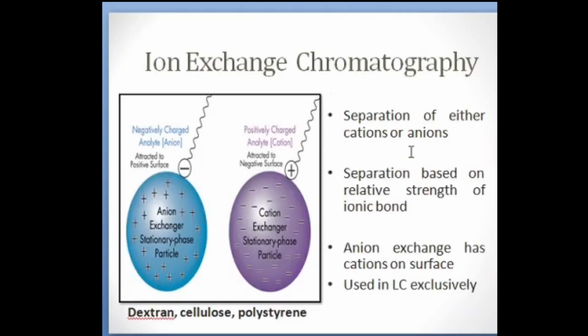So this ion exchange chromatography is based on the relative strength of ionic bond, and so we can separate the cations or anions accordingly by using a stationary phase made either of positively charged beads or of negatively charged beads.